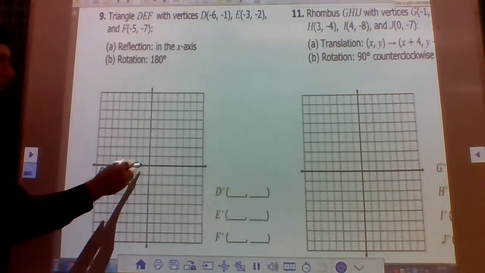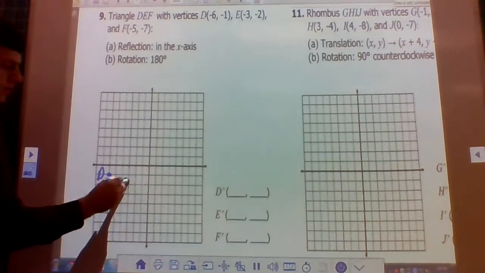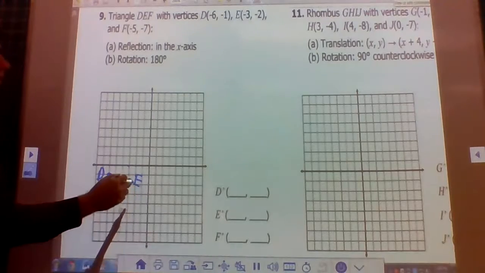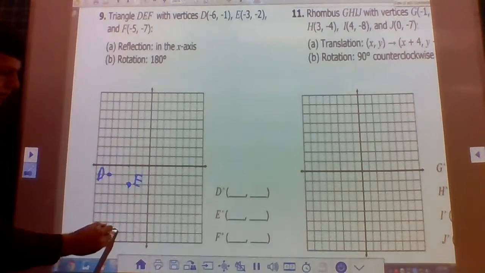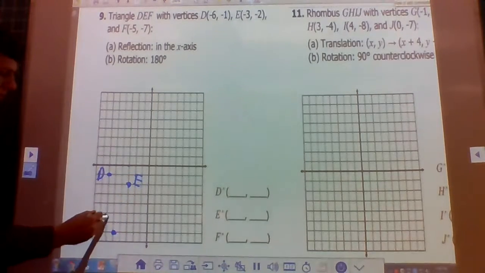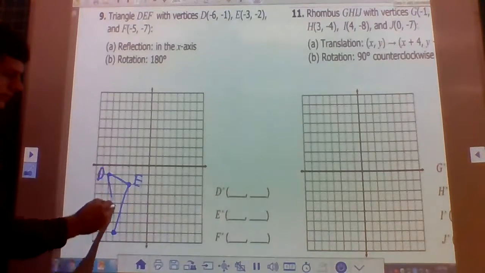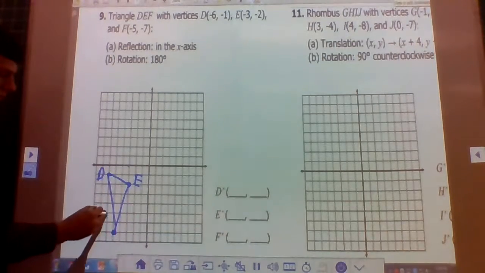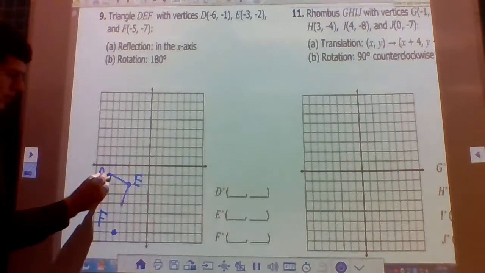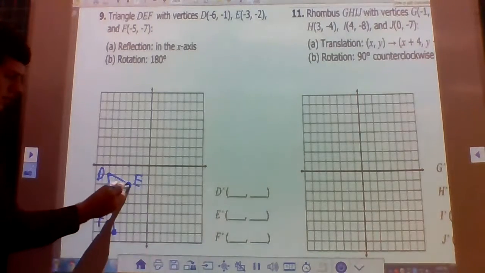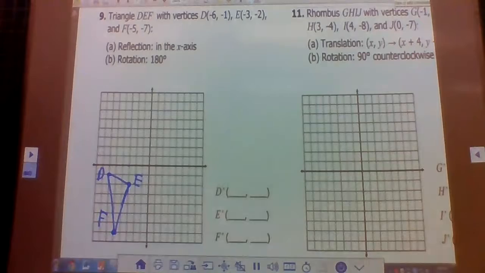E is negative 3, negative 2. And then negative 5, negative 7 is F. I did not draw that very well. Okay, so there's our triangle.